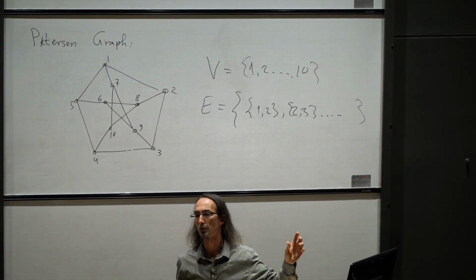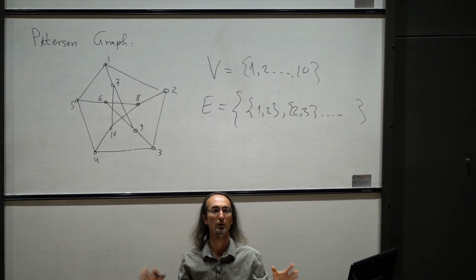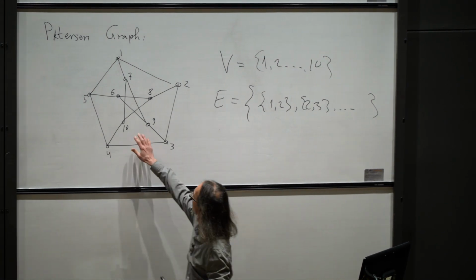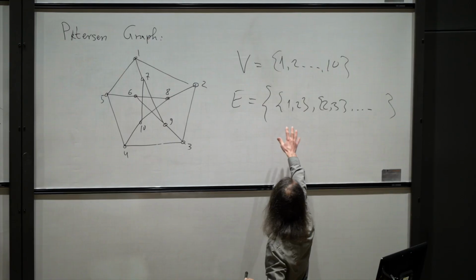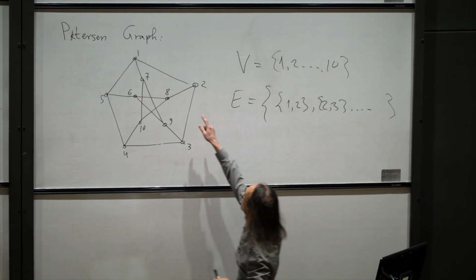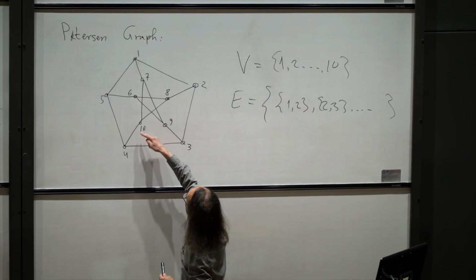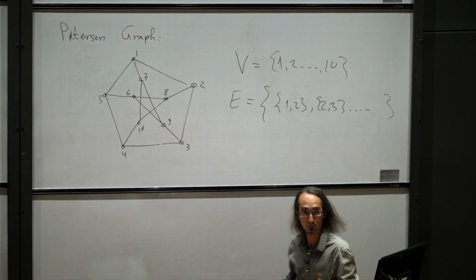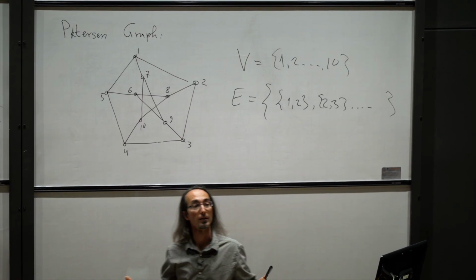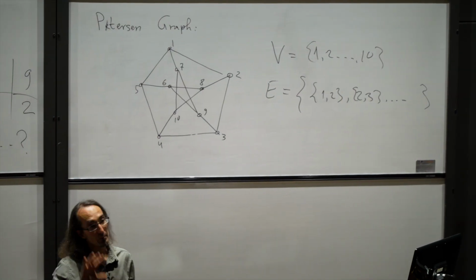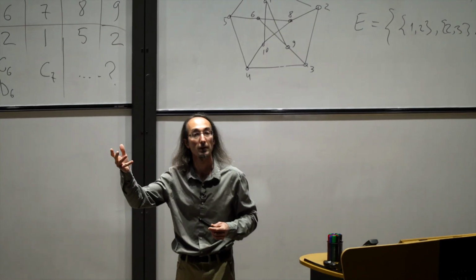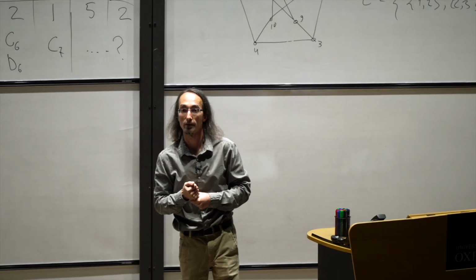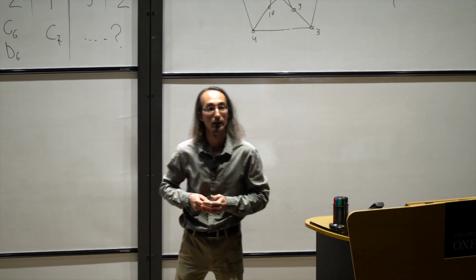There's no notion of a distance or anything like that. This is just a combinatorial object. So this graph has 10 vertices, 15 edges. For example, 1 2, 2 3, 4 10, etc. And one question is, how many symmetries does this graph have? A symmetry of the graph is just a permutation of the vertices which sends edges to edges. It's very easy to define.